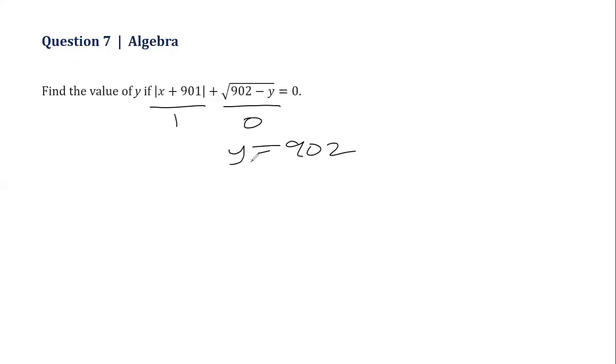But if we consider the other extreme where this is 0 and this is 1, y would be equal to 901. So y would not have a single value, rather this is what you would get.